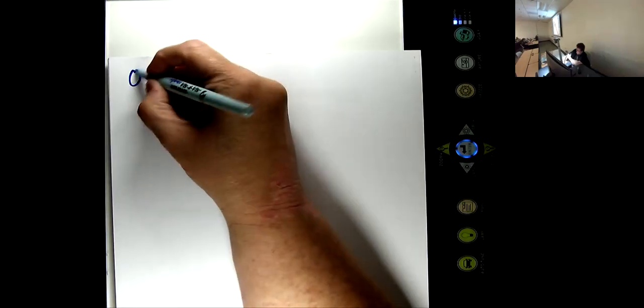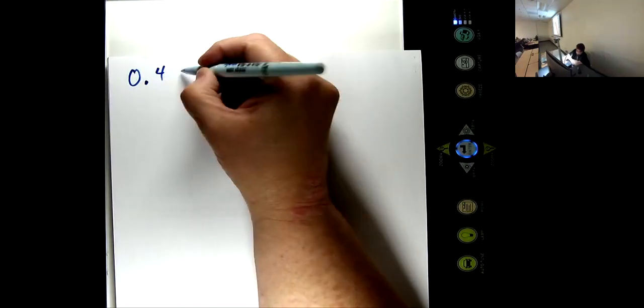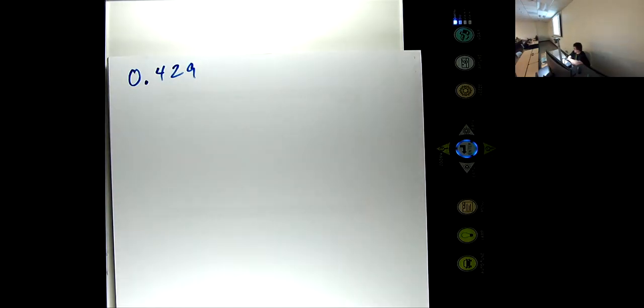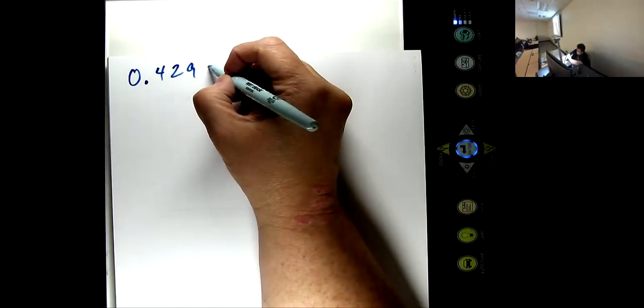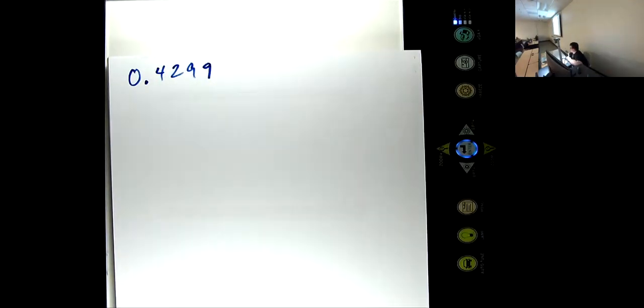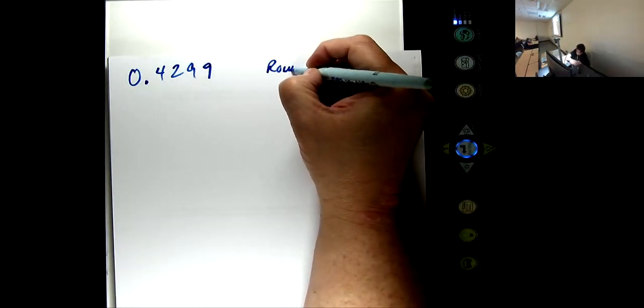Let's say we have 0.429. Let's add another 9. And let's round to the thousandths place, or 3 digits.